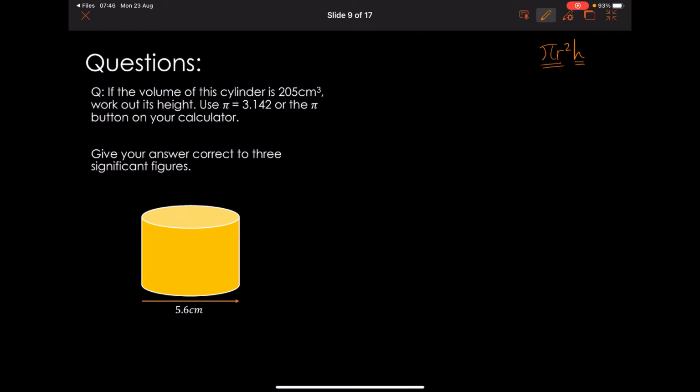Okay, if you've had a go then, what this is saying is that the volume is 205 centimetres cubed. So volume is pi r squared h, but we know the volume is 205, which is equal to pi times r. Okay, r is half the diameter, remember, so we need to half 5.6, which is 2.8, squared, times by h.